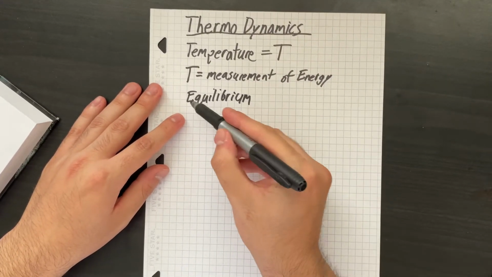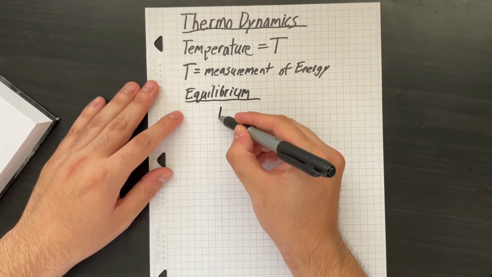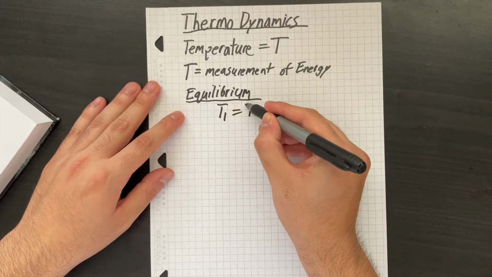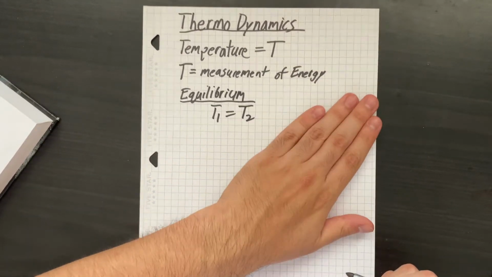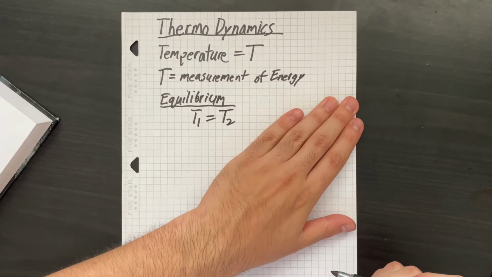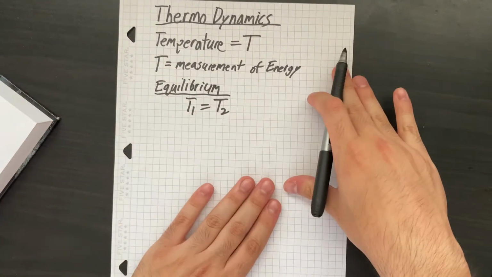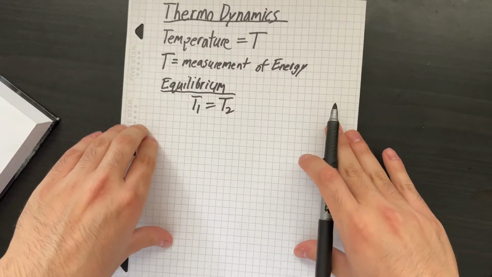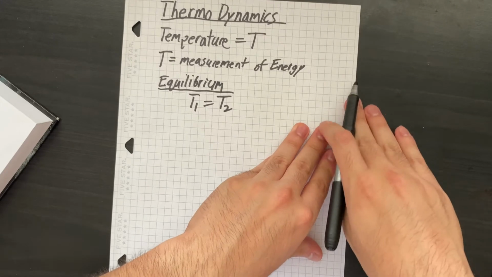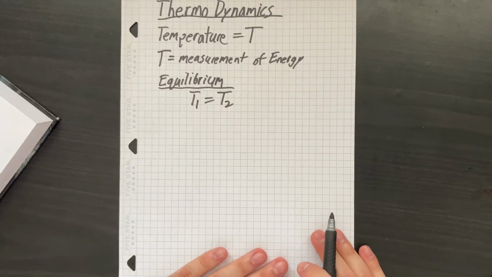Now this equilibrium is basically when the temperature of one object equals the temperature of the second object. Like right now, the temperature of this paper should be the same as the temperature of this desk, because these two objects are in contact with each other, and so they should be in an equilibrium temperature state right now, so the temperature between them is the same.